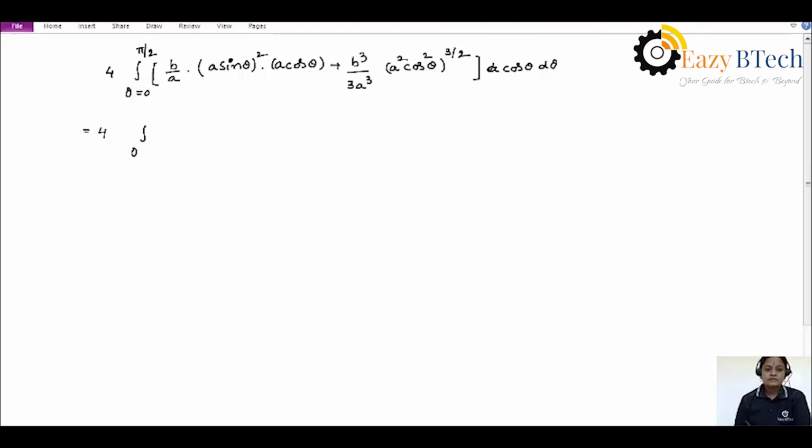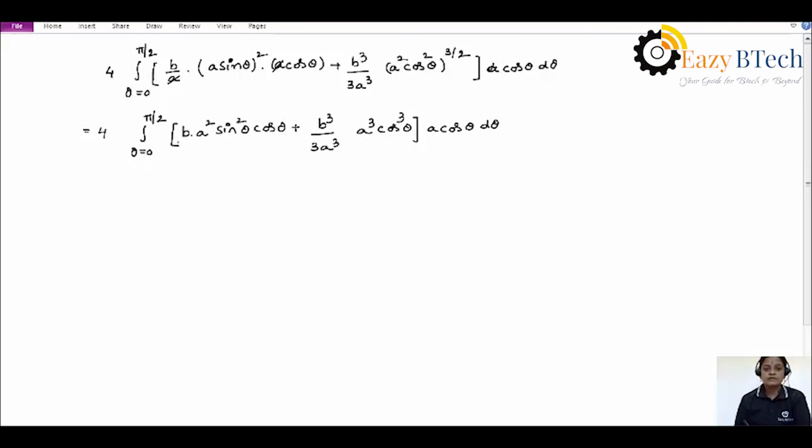And this is equal to 4 into integral theta is equal to 0 to pi by 2. So one a will be cancelled here, then b a square sin square theta cos theta and plus b cubed by 3a cubed cos cubed theta into a cos theta d theta.